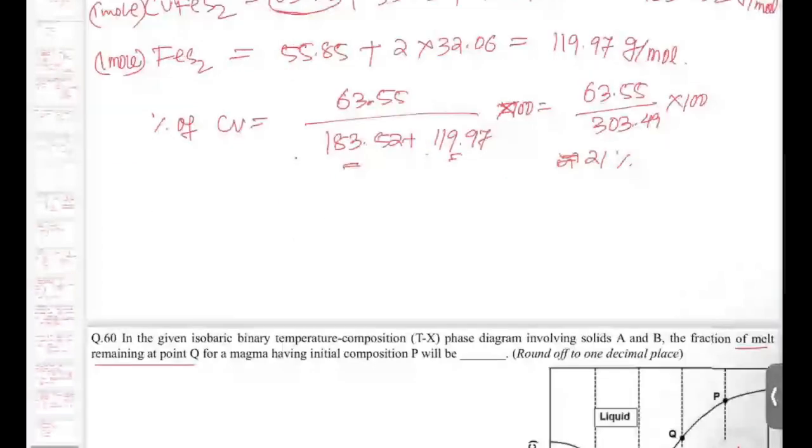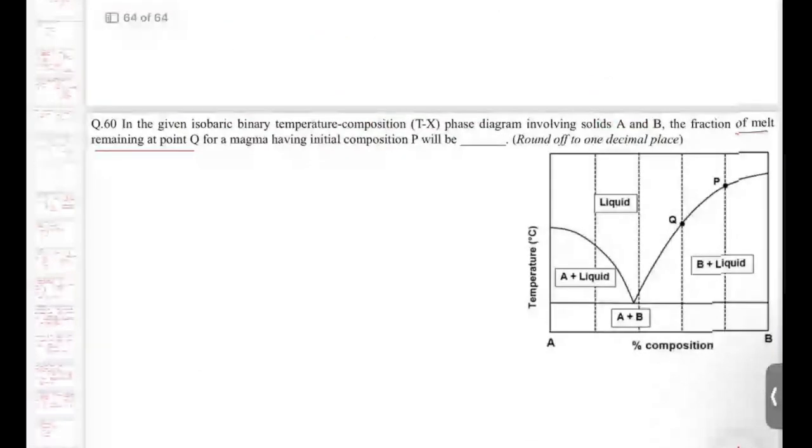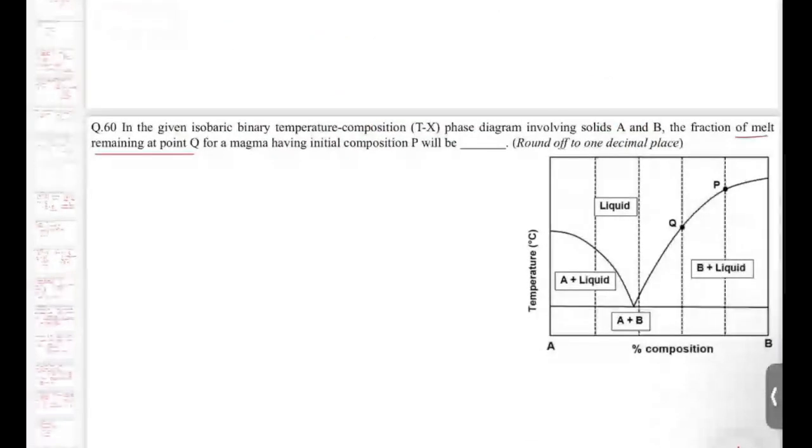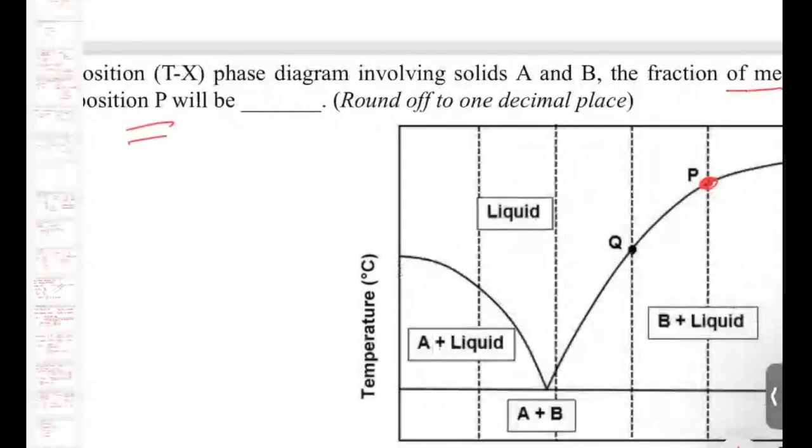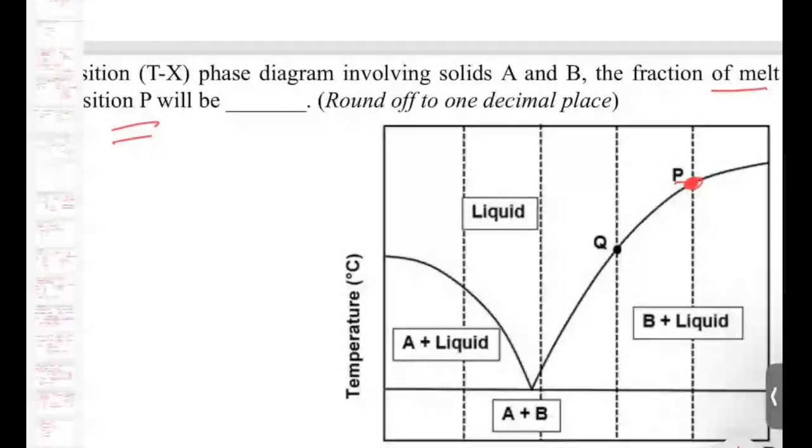So the next question, and this is the last one: in the given isobaric diagram, you just have to find out the fraction of melt that is remaining at point Q when it is started from the point P. ठीक है, सपोज ये पॉइंट से आपका क्रिस्टलाइजेशन स्टार्ट हो रहा है, and it is coming to here.